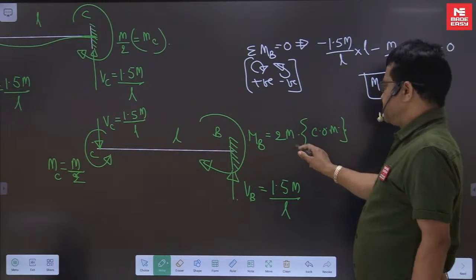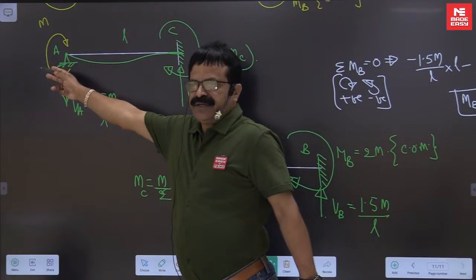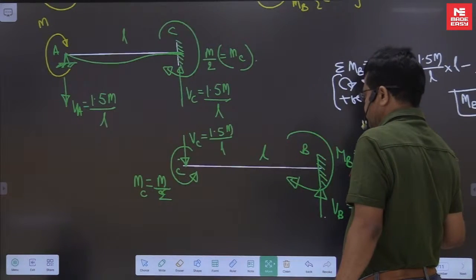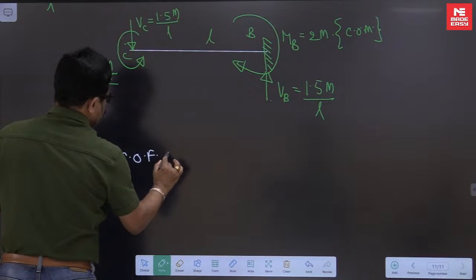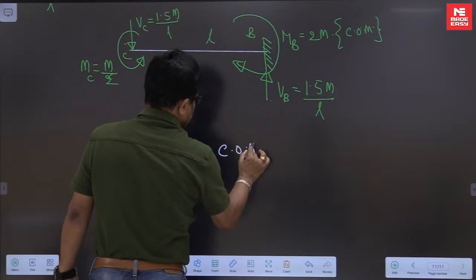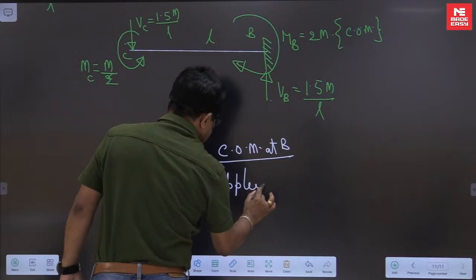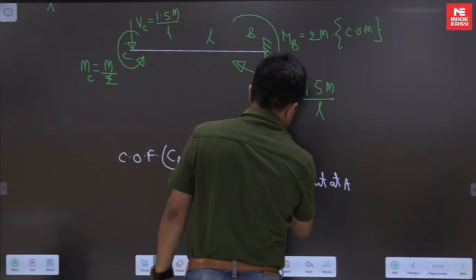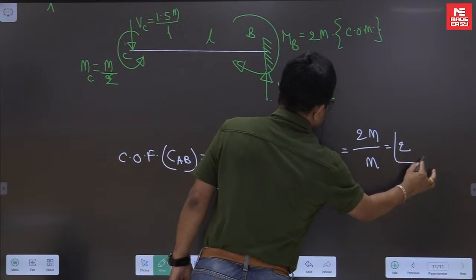Now this is the carryover moment, because the reason for developing this reaction is the applied moment. So carryover factor C_AB is the carryover moment at B by the applied moment at A. This is 2M by M. You will get 2.